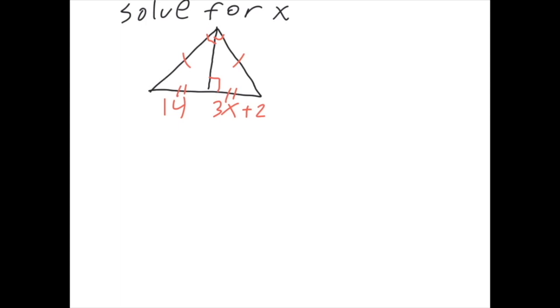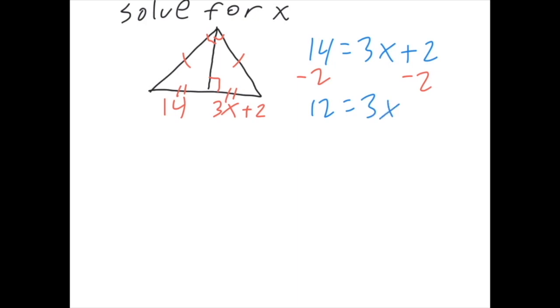So if those two sides are equal to each other, because it's a median, that means we can set these two sides equal to each other. So 14 is equal to 3x plus 2. And then subtract 2 from both sides. Gives us 12 equals 3x. Divide both sides by 3. And we have x equals 4.